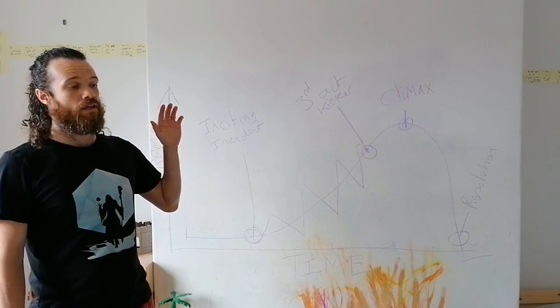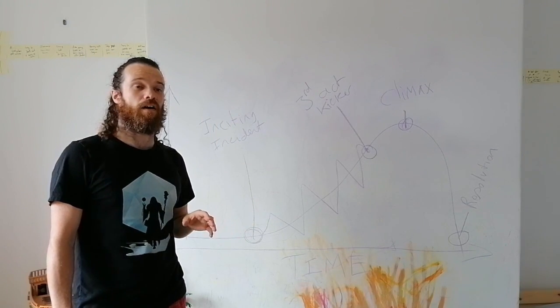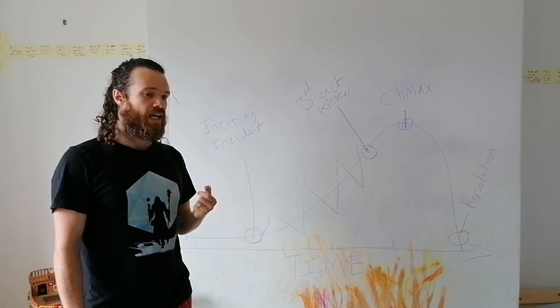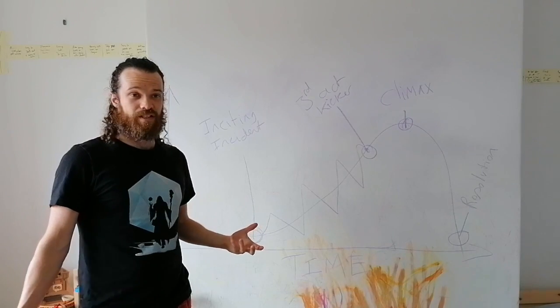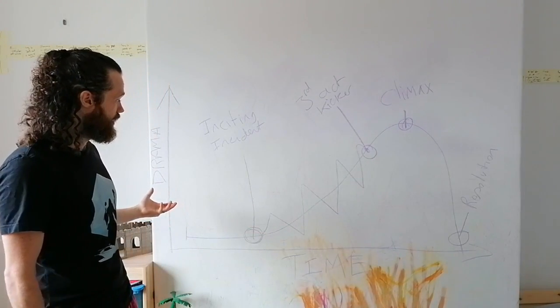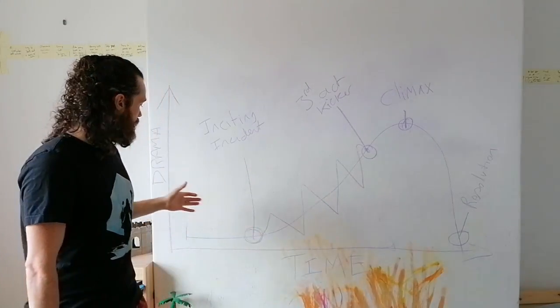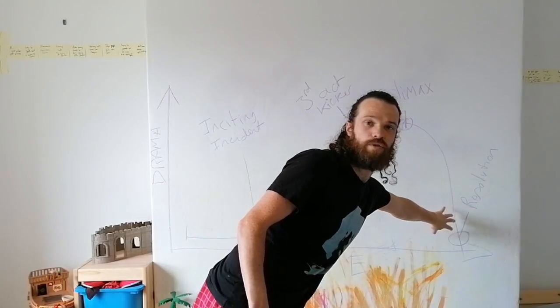That might be that their world has changed and they must live in it differently now, or it might be that they've changed. They have a new perspective on life, they have met new people, or it could be a very physical change. Maybe they've grown, they've aged, something like this. Something has changed from when we first met the character to when we get to the resolution at the end.